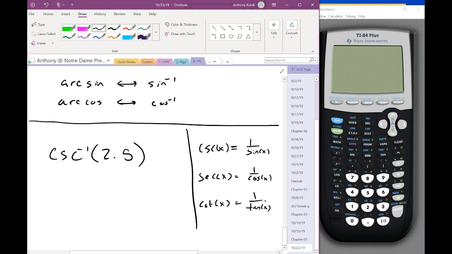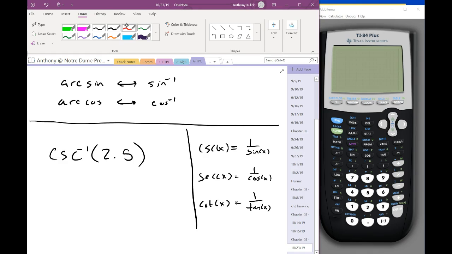My calculator doesn't have a cosecant, secant, or cotangent inverse command on it. So I need to find a way to rewrite this in terms of sine, cosine, or tangent that my calculator does have an inverse button for. Everybody okay with that plan?